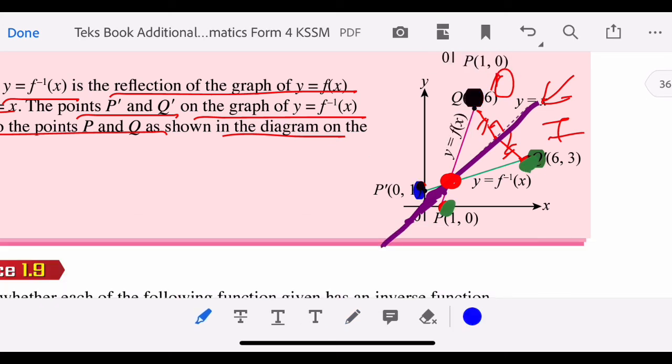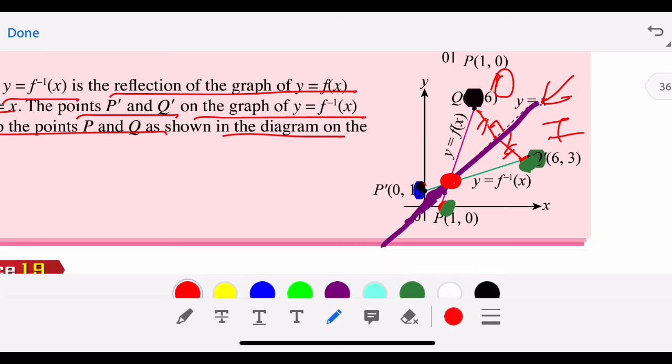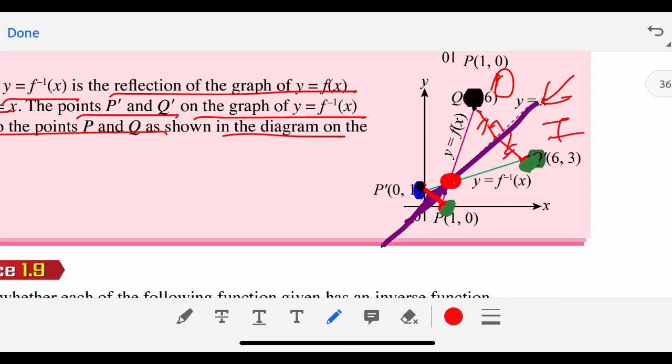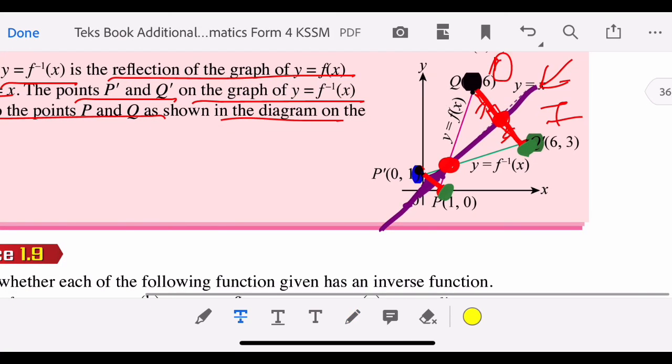This is the object. You will notice that the distance from the line of reflection to the object and to the image should be the same, the perpendicular distance. Hence you can sketch the line by finding 2 points.